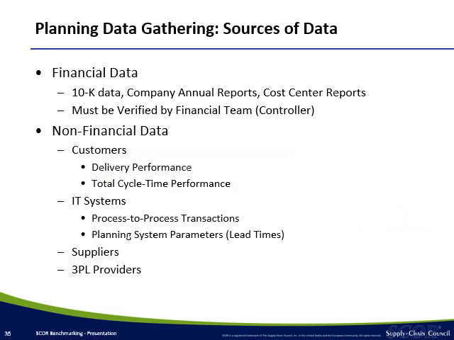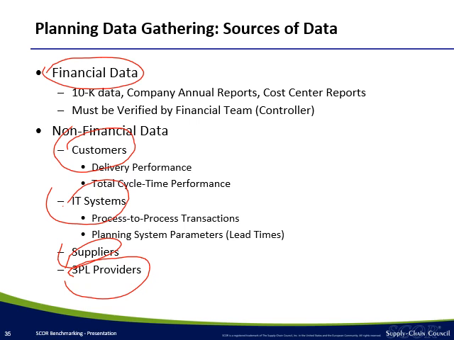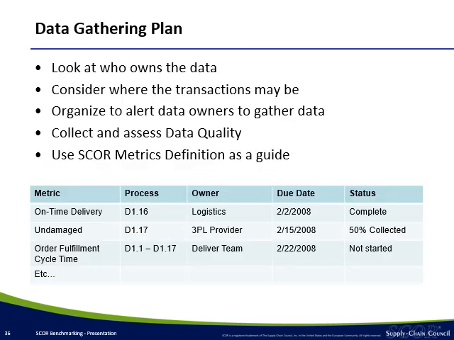So the next step is we need to collect the data. SCOR tells you where to collect the data, but we also need to collect data from the financial department. We can get it from the customers, from IT, from the suppliers, and from the 3PL providers. After we do this, we have a table with all the metrics that we need to measure.